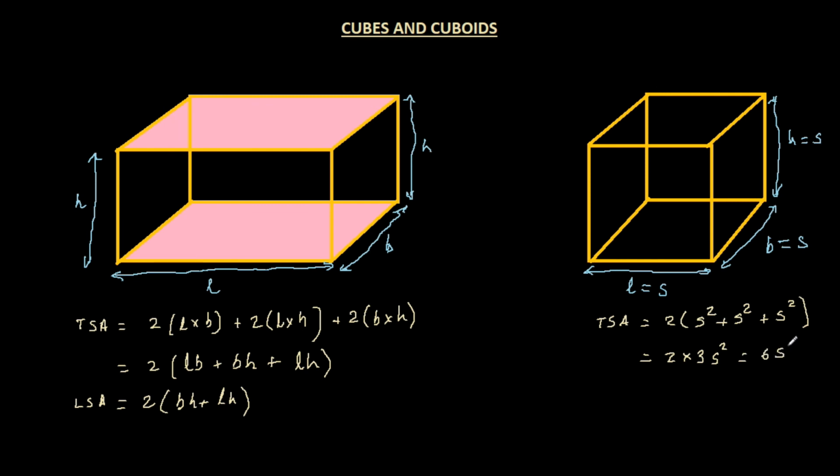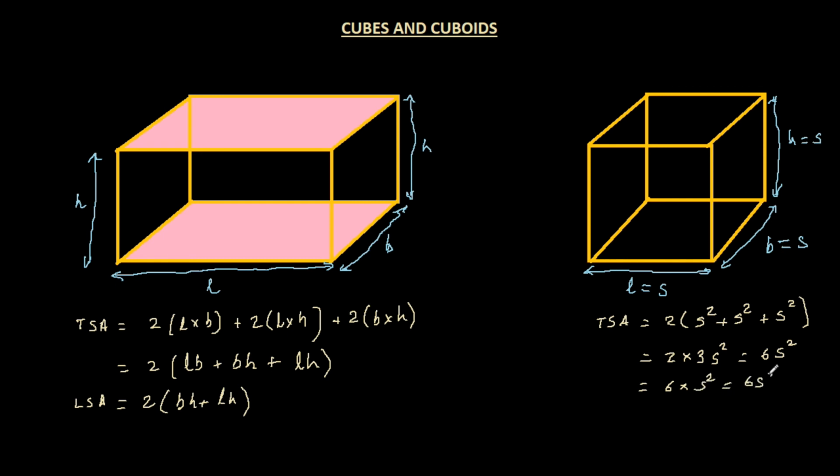Now you see that the cube also has got 6 faces, which are being shown here: the top face, the bottom face, the left face, the right face, the front face, and the back face. So 6 faces, each has an area of s square. So we can say that the total surface area of a cube would be 6 times s square, or just 6s square.